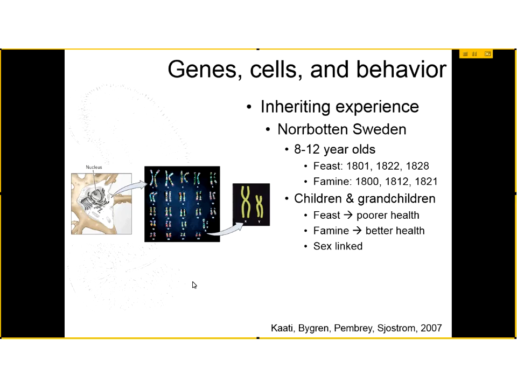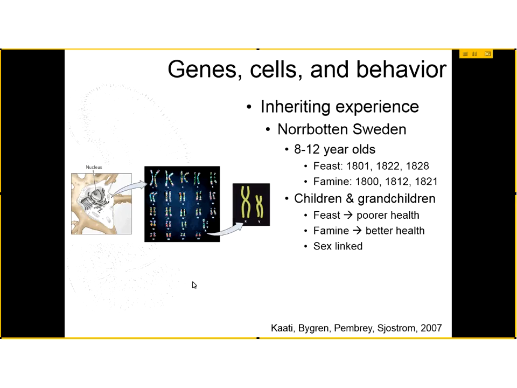This relationship only occurred if it was a male that experienced feast or famine, and he had a male child, and they had a male grandchild. So it was only through those sex chromosomes that this was passed.